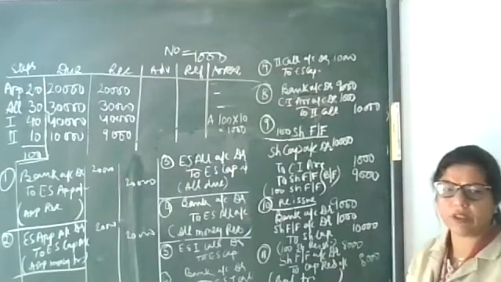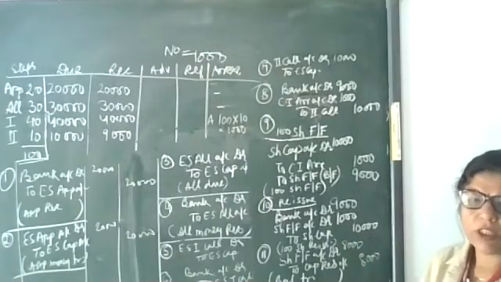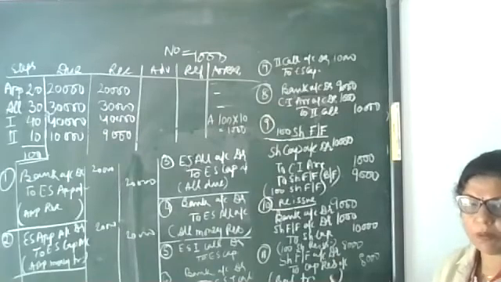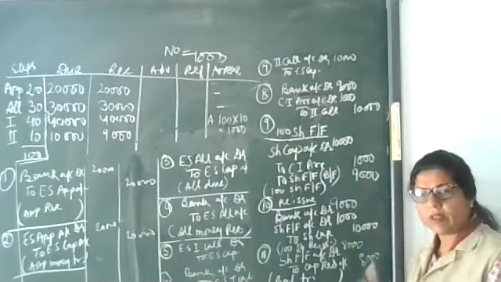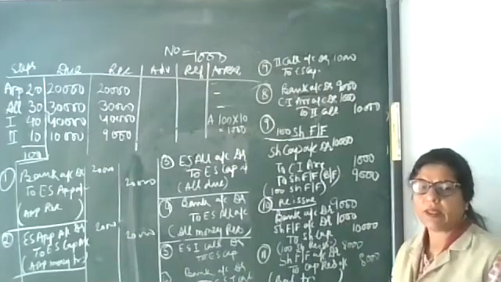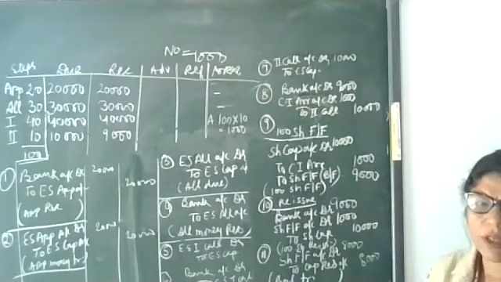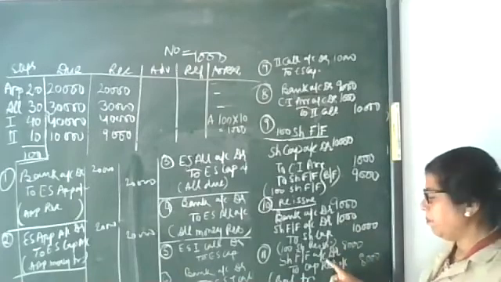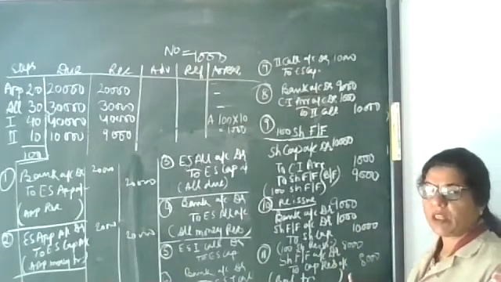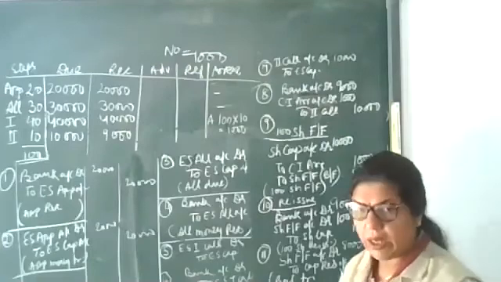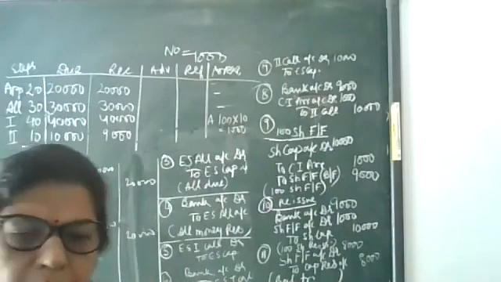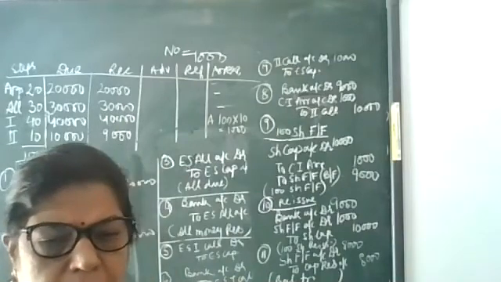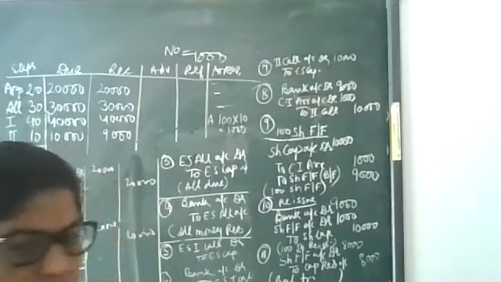Now, last entry, balance transfer. Share forfeiture account debit to capital reserve. 9,000 minus 1,000, that is 8,000 rupees. The last entry is the balancing figure of forfeiture transferred to capital reserve, and our answer will be 8,000 rupees.